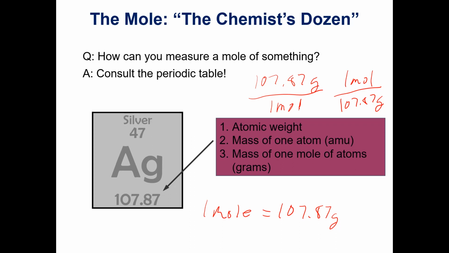So I could write it either way depending on whether I'm trying to convert from moles to grams or grams to moles. So remember, look at everything as a conversion factor. The molar mass of something is in units of grams per mole, so we can use that to get from grams to moles or moles to grams.